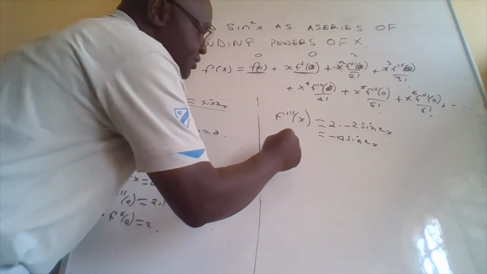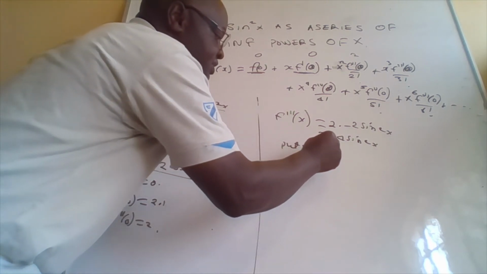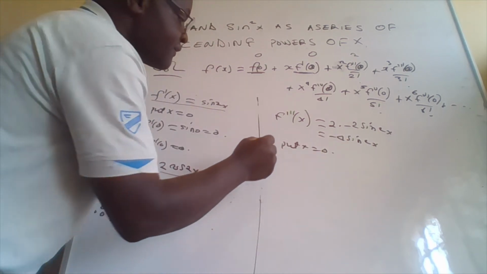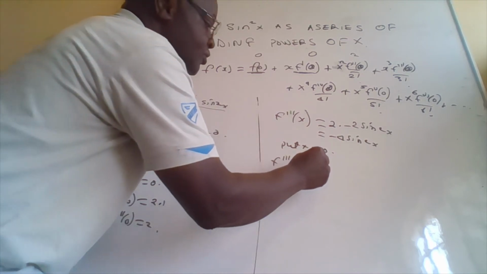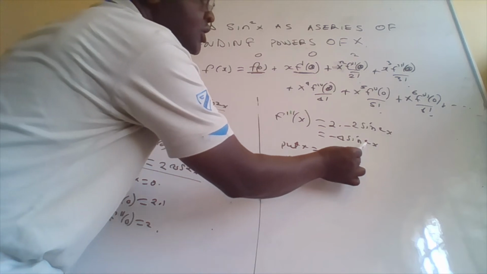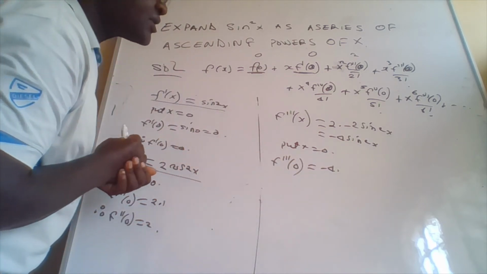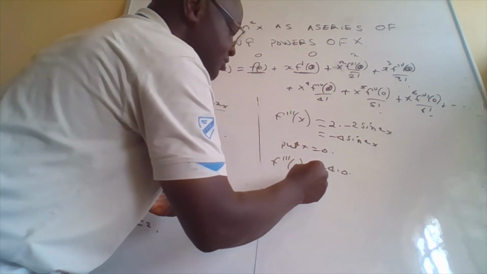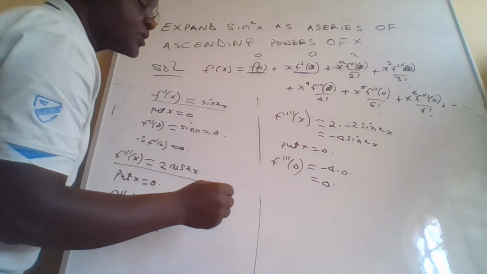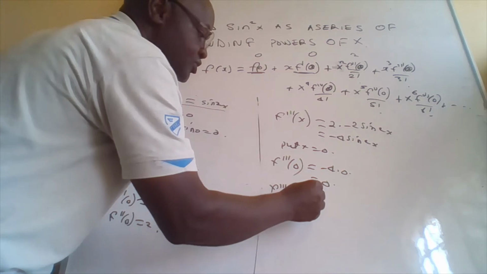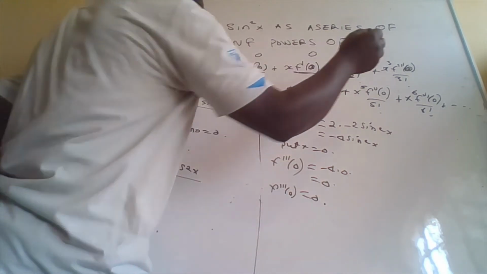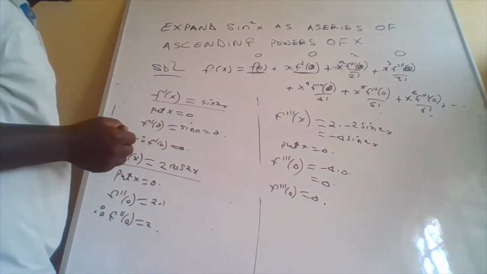Now we put x equals 0. Therefore, f'''(0) will be equal to minus 4 sine of 2 times 0, which is 0, sine 0 is 0. So f'''(0) equals 0.